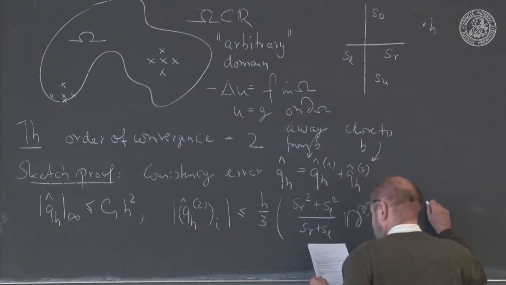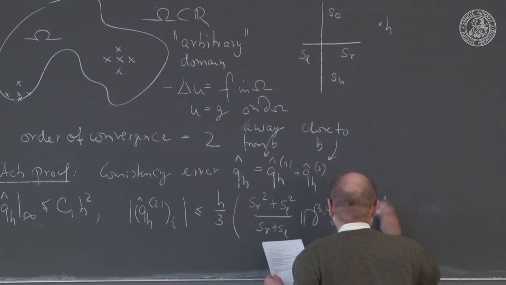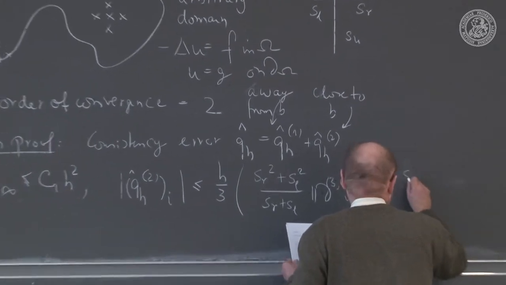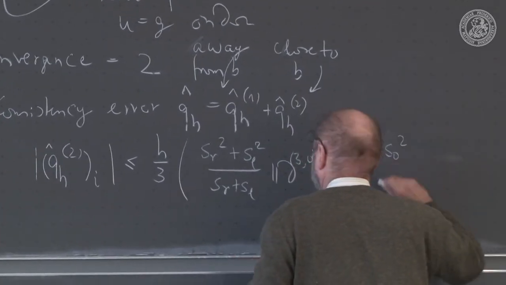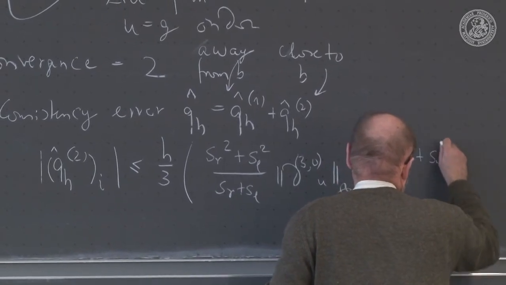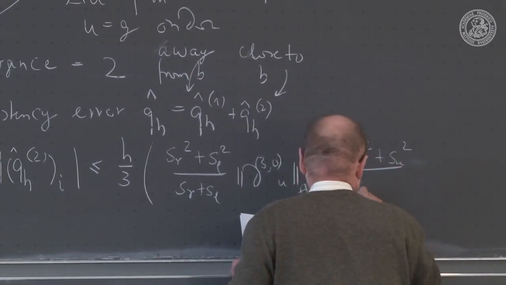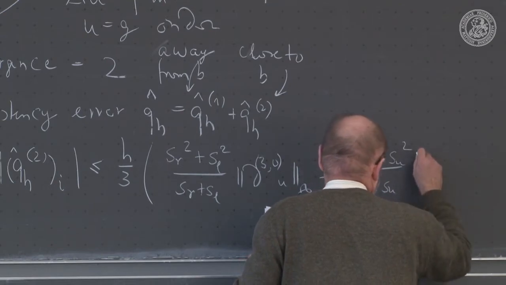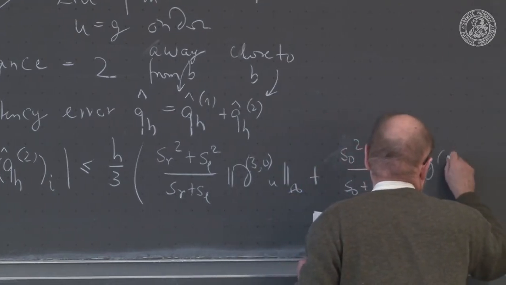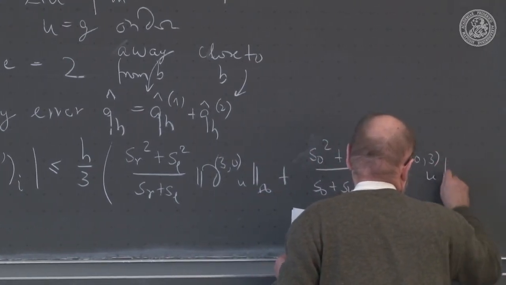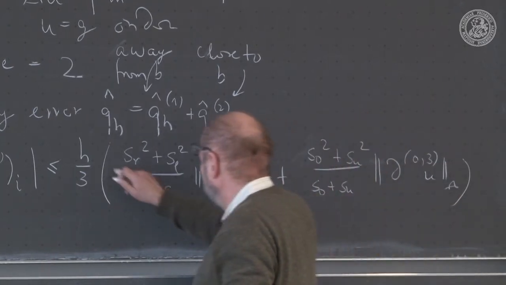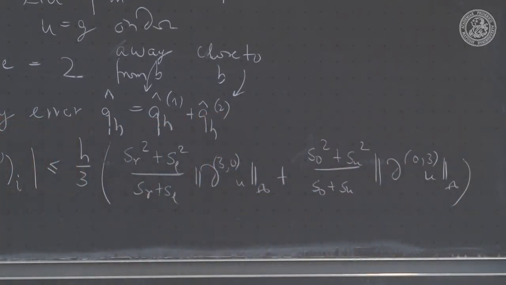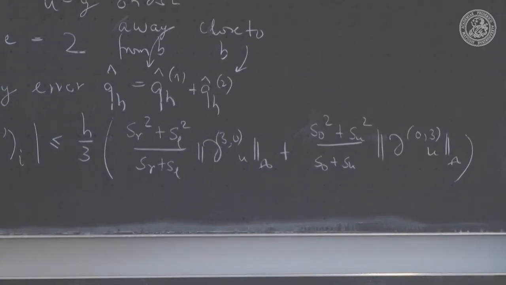And I have here a similar thing, now just the other way. And you have the third derivative in the y direction. Unfortunately, I only have the h here. Okay, so let's see what we can do with that.